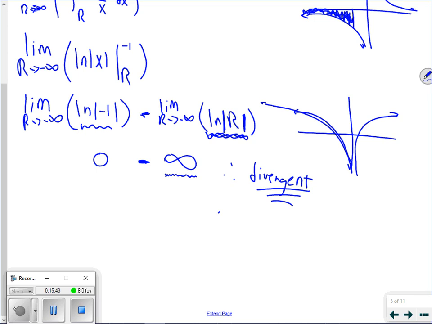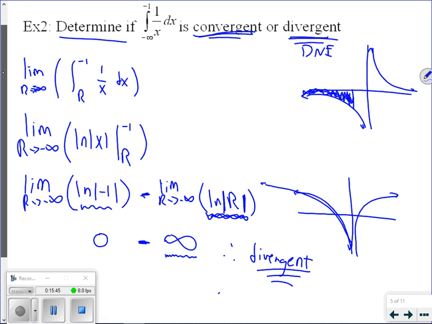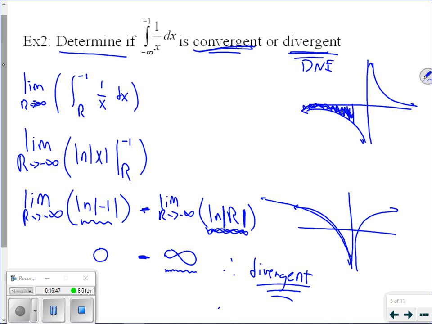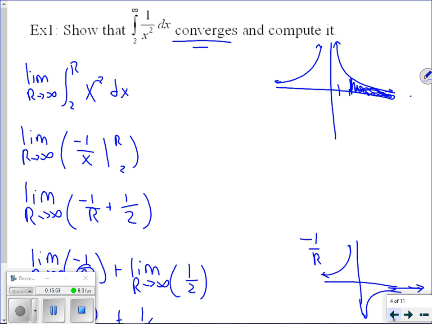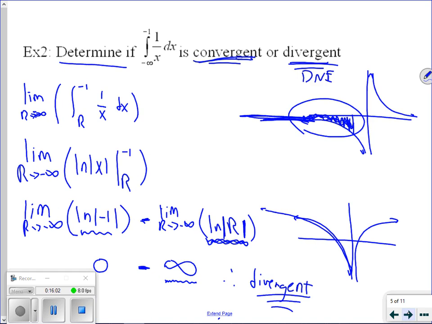Now, that's probably a weird idea to you, right? Because look at the area right here. It looks like as the area is going to infinity, it's eventually going to cap off, much like the area did for 1 over x squared. So that's a weird idea. We're going to discuss that further when we get to our last unit, our series unit, because there's a better explanation then.